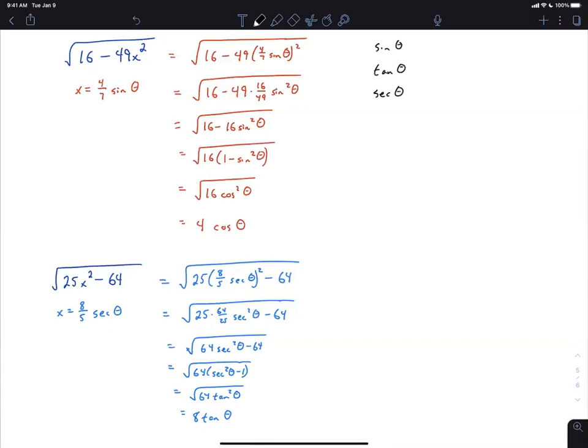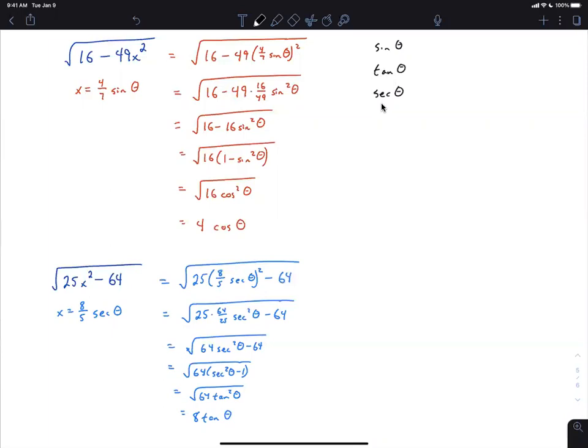Yeah, if it was like plus 64, can we still do that by just making that a like negative 8/5? So good question. You can fix it. The negative doesn't fix it because you're squaring it first. But what does fix it is to use tangent instead of sine or secant. Does that make sense? Let me show you why.